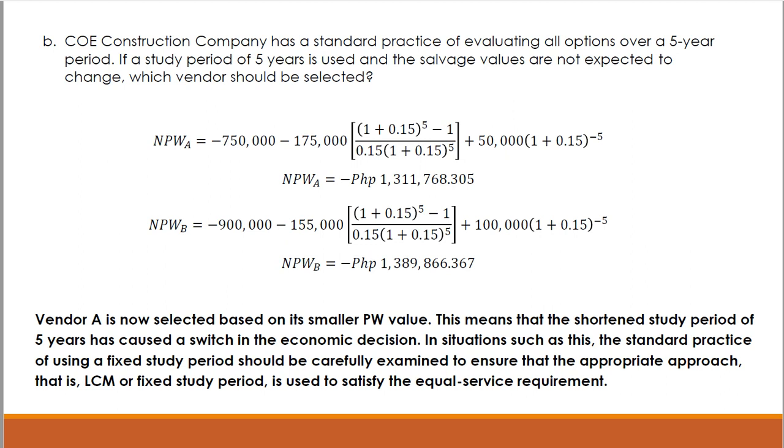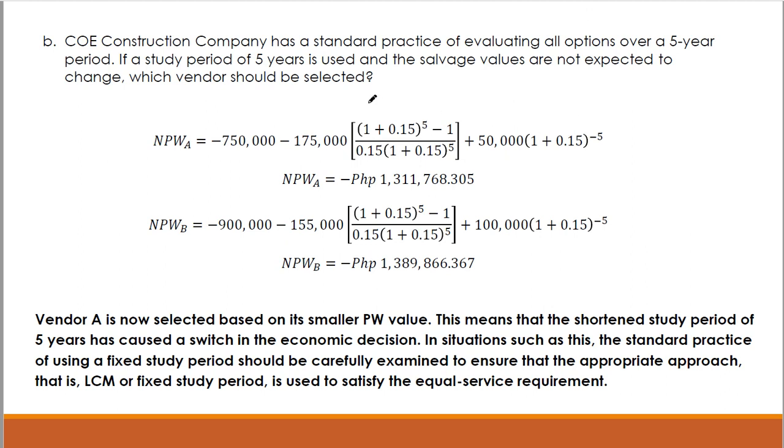Okay, so for vendor A, meron tayong initial investment na 750,000, annual operations and maintenance cost na 175,000. Take note, 5 years lang ito. And after 5 years, meron tayong salvage value na 50,000. Plus yan na kasi that is going inflow yan sa cash flow natin. Babalik sa atin yan pag binenta natin yung equipment or investment at the end of 5 years.